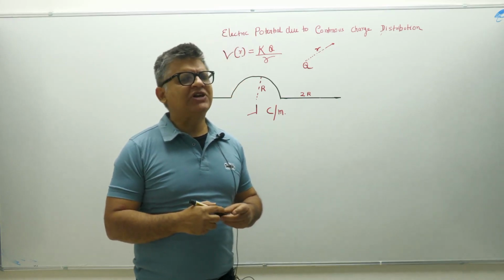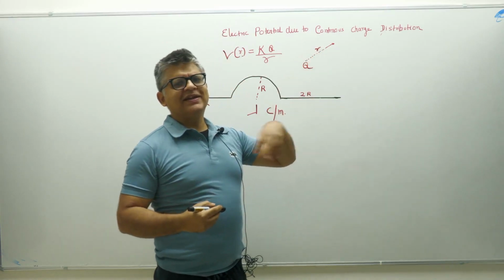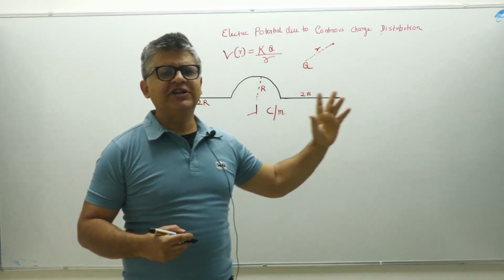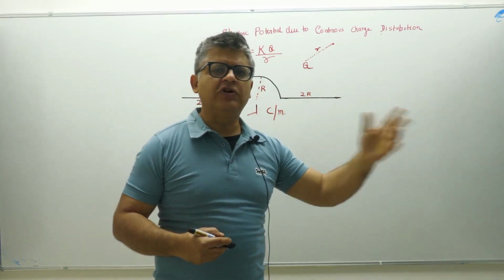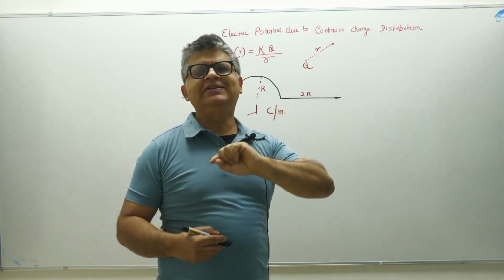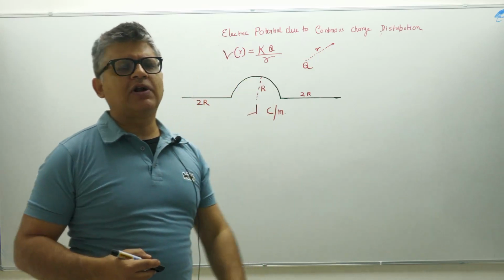And if you have multiple charges, you can find the electric potential due to all of them at a certain point using this. You just need to add V1, V2, V3, V4. You know the distance of that point from each charge. Add it and you get your answer.